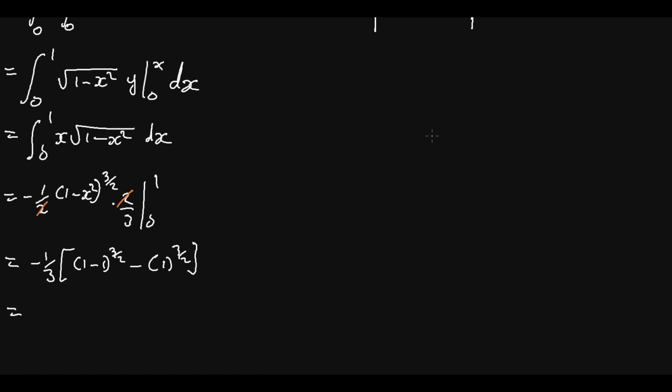Therefore we are having minus 1 over 3, 0 minus, so it therefore means we're having 1 over 3. That's the answer.